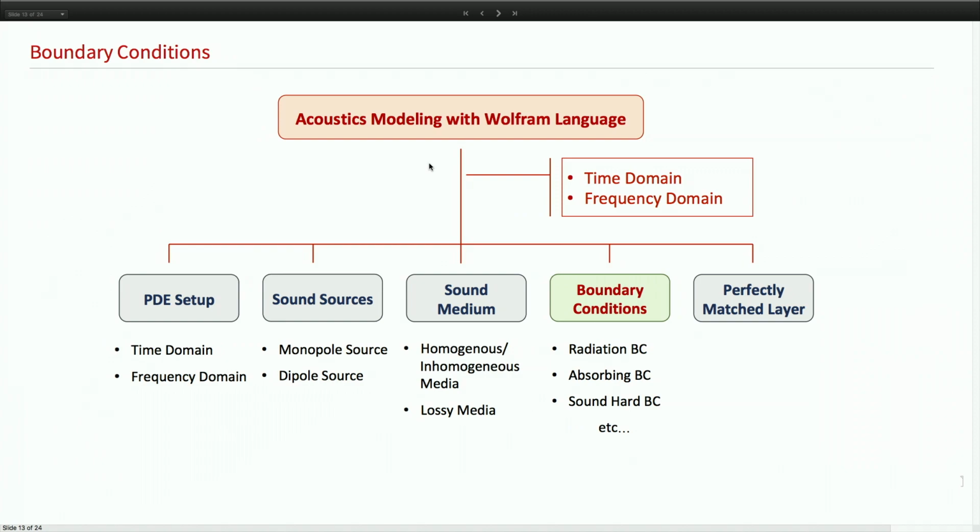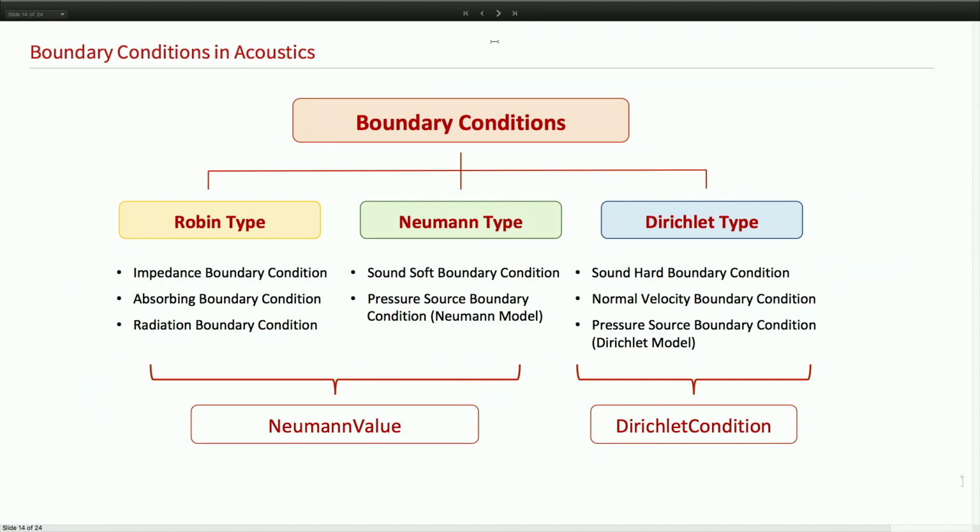Okay, so next, let me show you how to use the built-in functions in Mathematica to map the acoustic boundary conditions. The acoustic boundary conditions can be categorized into three types: the Robin type, the Neumann type, and the Dirichlet type.